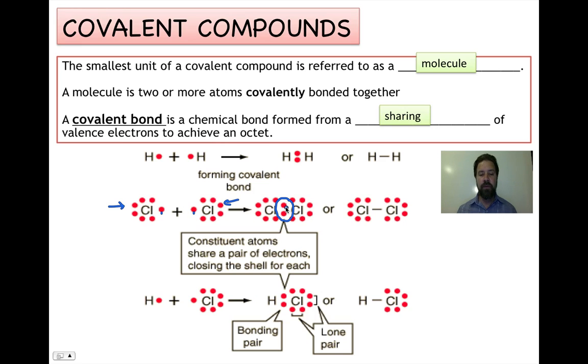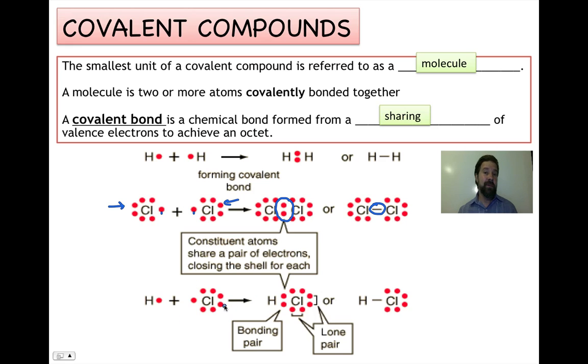So now if you went ahead and you counted, what you would count out would be 1, 2, 3, 4, 5, 6, 7, 8, and 1, 2, 3, 4, 5, 6, 7, 8. By smushing together, each one now has 8 valence electrons in its outer shell. So again, we're going to show the covalent bond as a dash in chemistry.